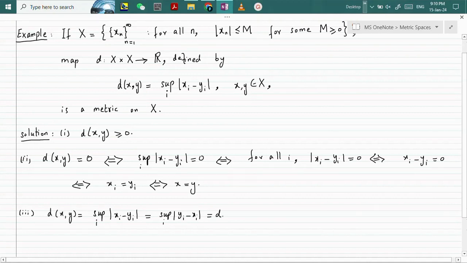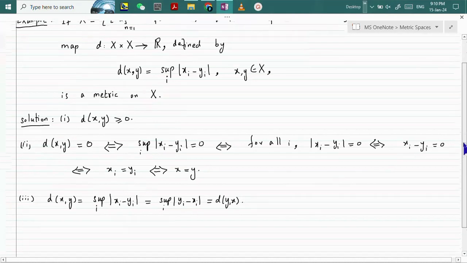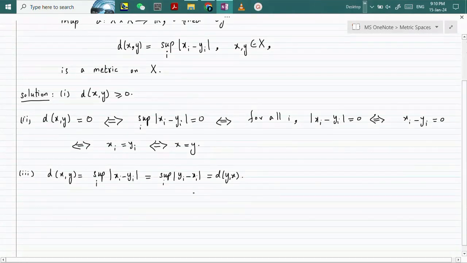This is equal to d of (y, x). Hence d of (x, y) is equal to d of (y, x). Here we use the property that mod of a minus b is equal to mod of b minus a.